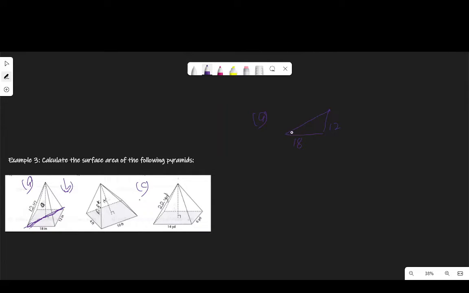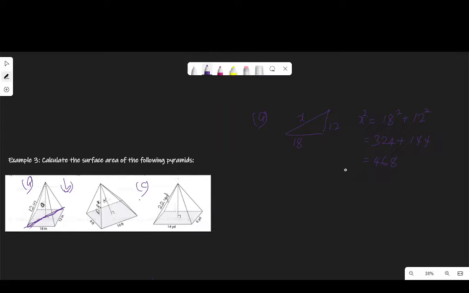This line here, let's call it X. X squared is equal to 18 squared plus 12 squared. 18 squared is 324. 324 plus 144 is 468.